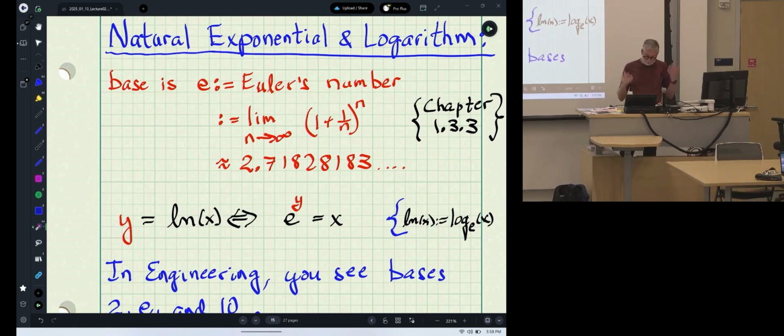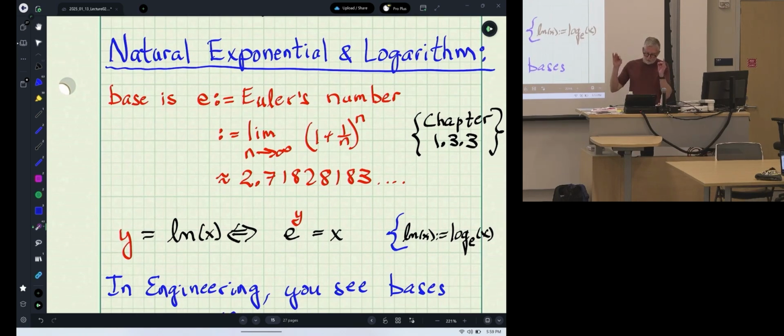It is also defined as a limit, and it's roughly 2.718. What makes this exponential and logarithm more natural than using base pi or base 2 or base 10, which you can always do, is that the slope of the function at the origin is 1. That's where the word natural comes from.